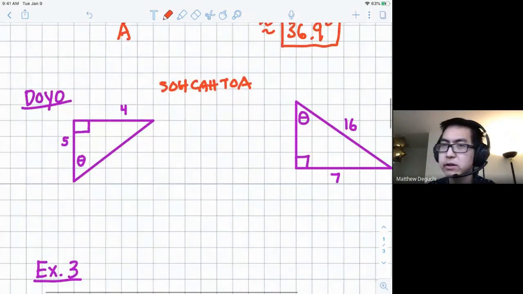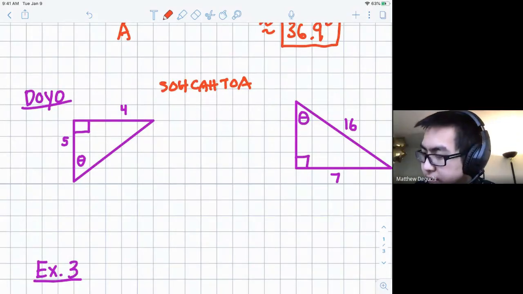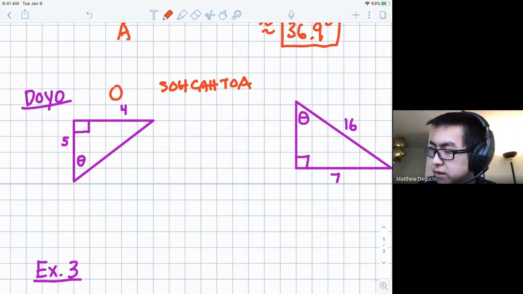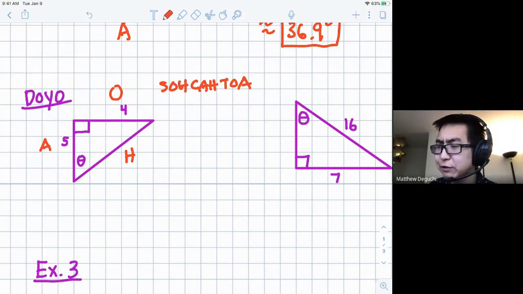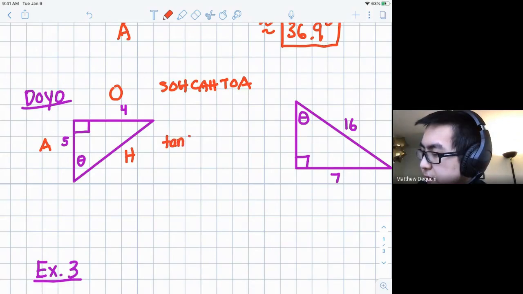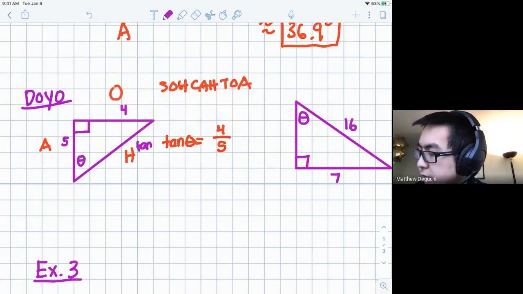All right, so for this one, remember in the perspective of that angle measurement, this side is the opposite, this side is the adjacent, and this side is the hypotenuse. So the trig identity that uses opposite and adjacent is tangent. So you're going to have tangent theta is equal to opposite over adjacent, and then you need to take tan inverse of both sides.